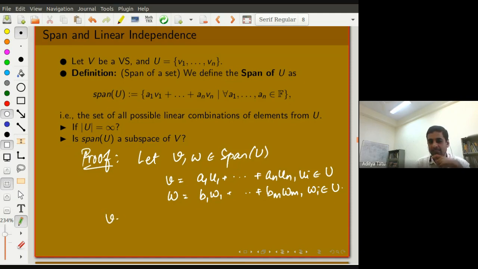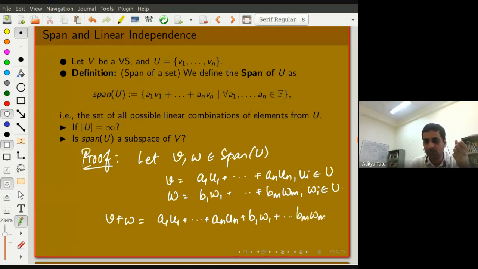Okay, now what can we say about V plus W? That, of course, I think now it's straightforward. So intuitively, I sort of know that you all agree that this is a subspace. But I just wanted to point this thing out. Be careful when you actually write the proofs.